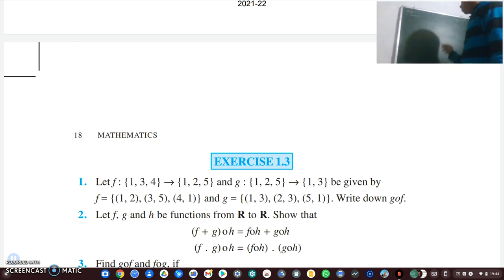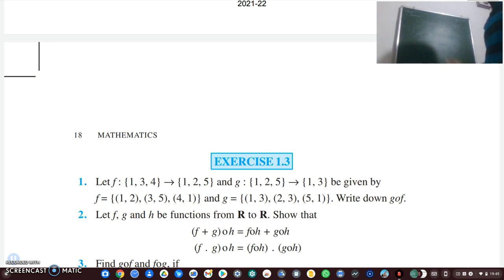Now the second topic is exponential and logarithm functions. Here we are able to see that this is logarithmic and this is exponential. Exponential means y equal to e^x, y equal to e^2x, y equal to e^3x, y equal to e^4x, going on.